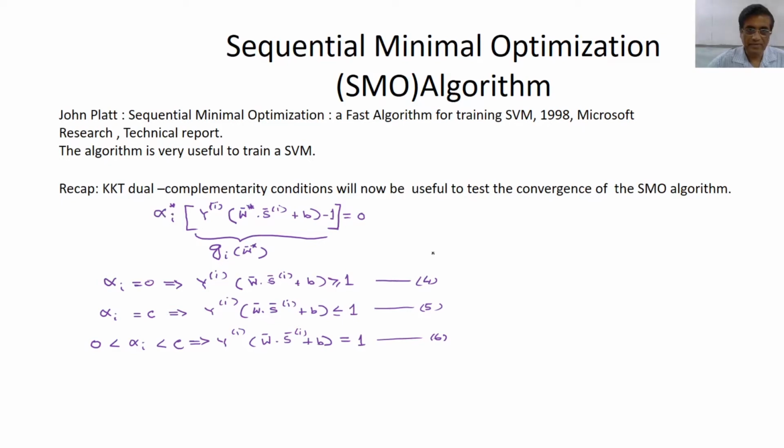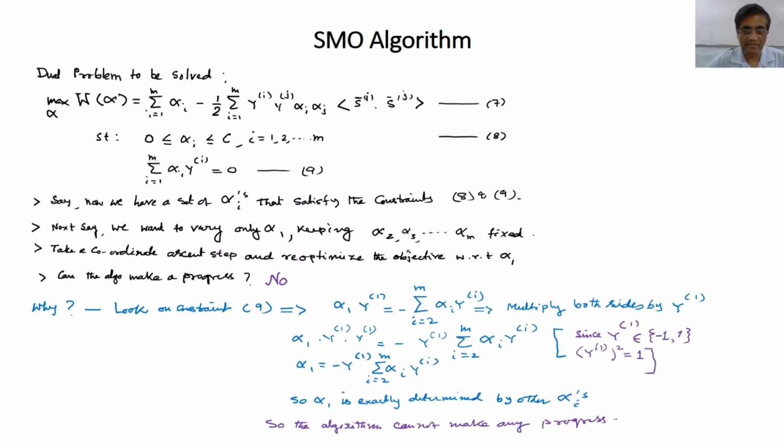So you just need to see in the iterative process of the algorithm that if they are zero, then they are not support vectors, and that condition is telling that. Okay, let us start.